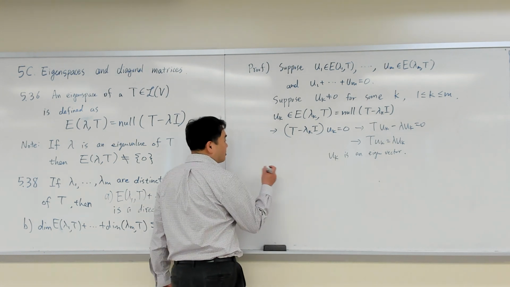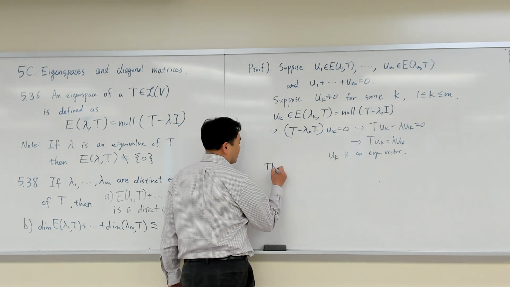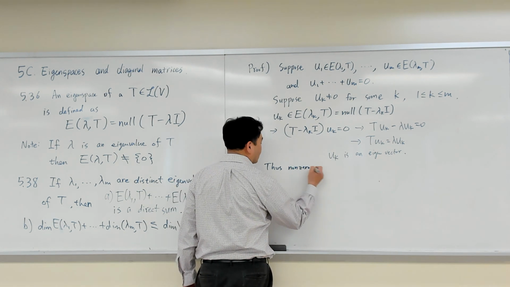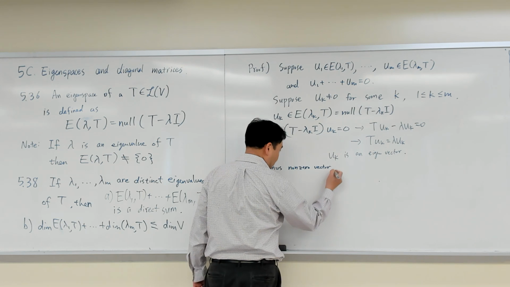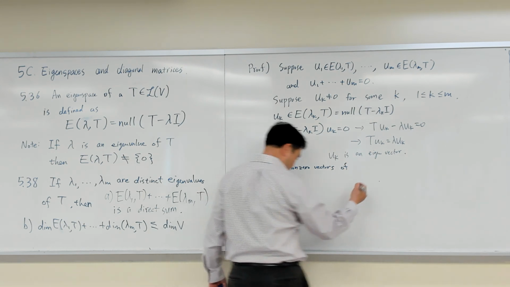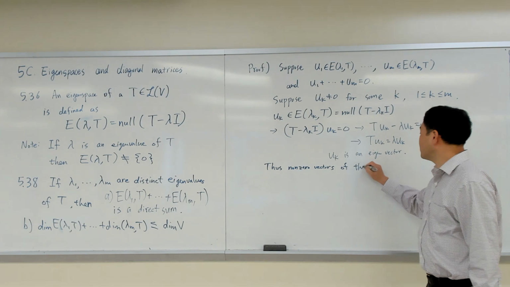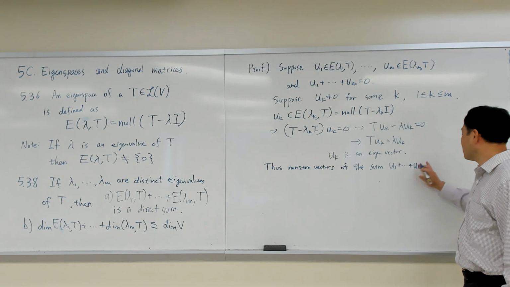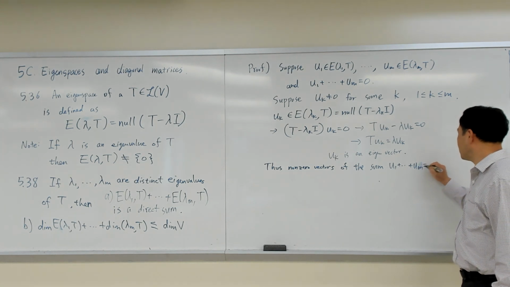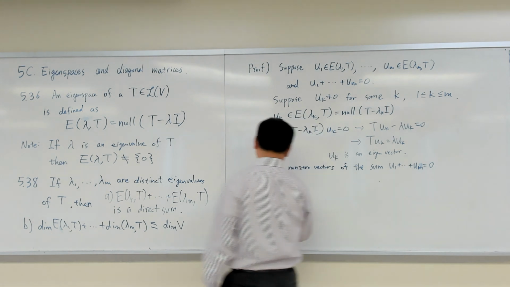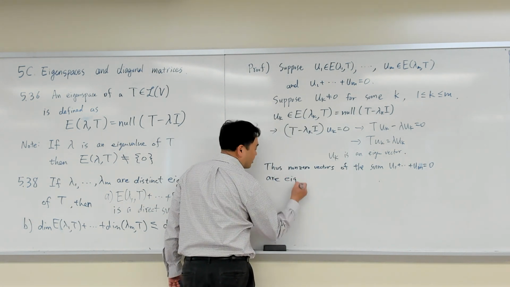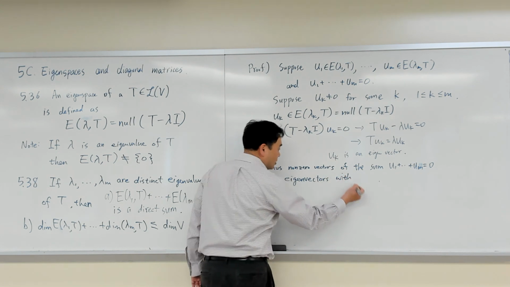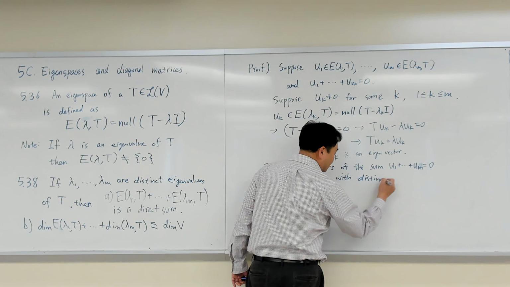So what this says is that thus non-zero vectors of the sum u1 through um equals to 0 are eigenvectors with distinct eigenvalues, right?